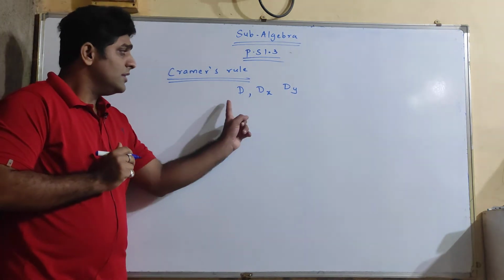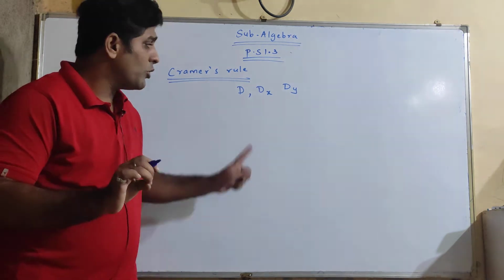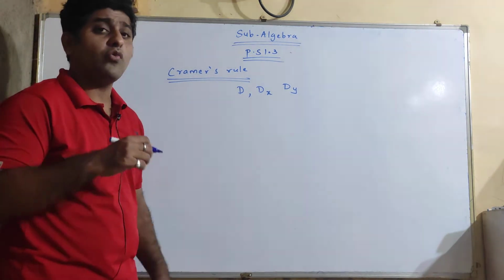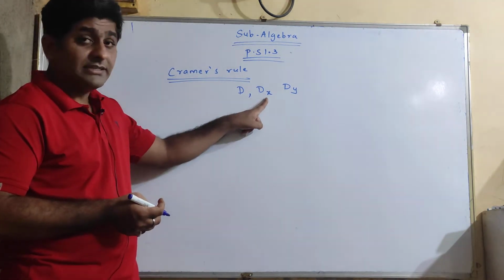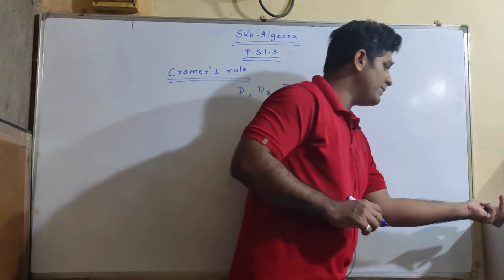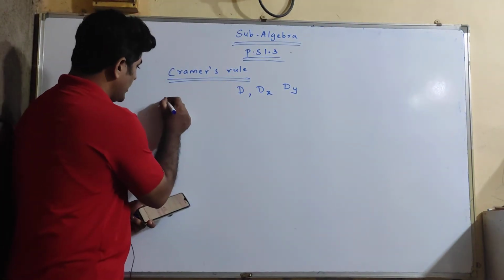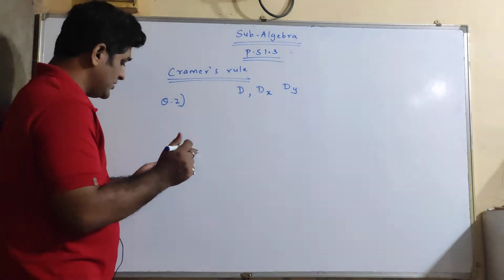Correct, students? So here in Cramer's rule, the point is important. First of all, we should learn how to form these determinants D, Dx and Dy. So for that, let us take example question number 2, sub question 1, based on Cramer's rule.